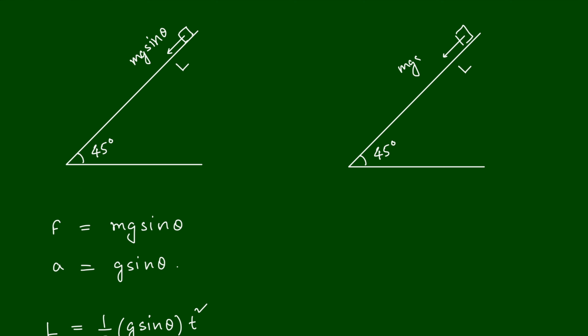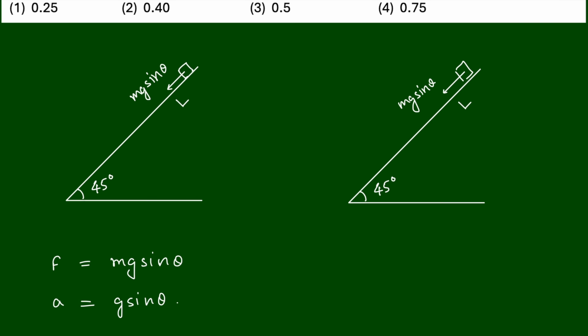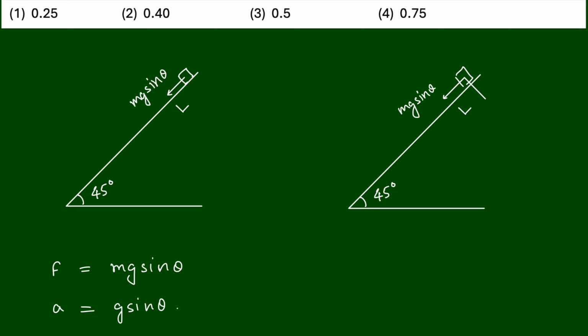On the other hand, here if the object is on the rough surface, it will experience a downward direction force mg sin theta, and this way force will be mg cos theta, and normal reaction is exactly opposite direction, and then the kinetic frictional force Fk in the opposite direction.